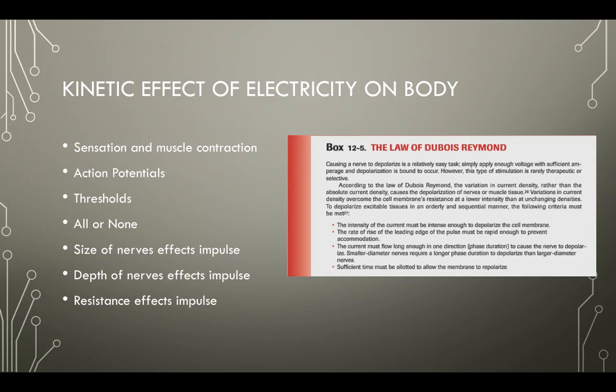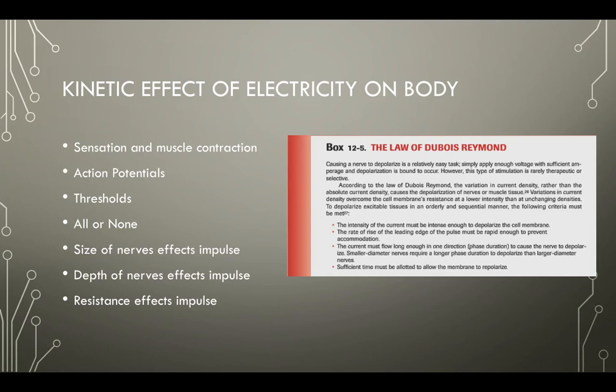But they also usually have a really shorter refractory period. The more superficial a nerve, the greater excitability. So our motor nerves tend to be closer to the skin, and so they're more excitable than some of our deeper pain, noxious stimuli ones. If a nerve has more resistance, it's going to have less excitability. So again, our skin serves as an insulator.